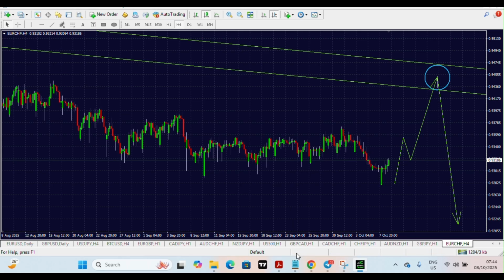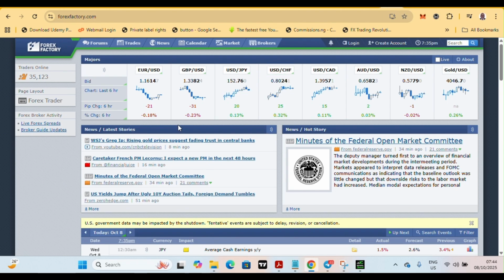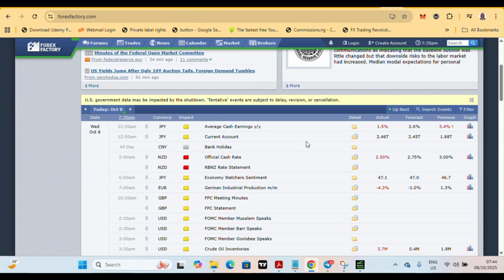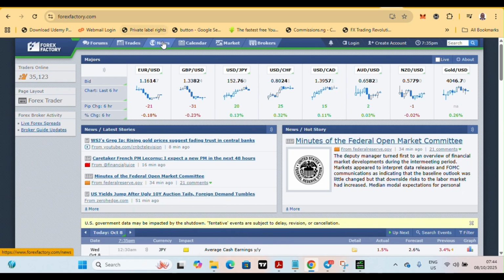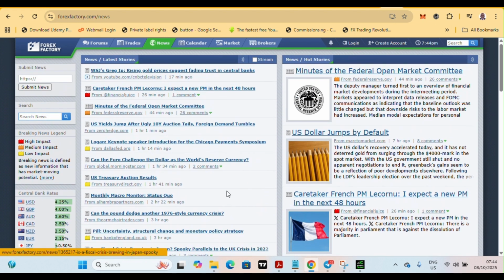Okay, what I wanted to show us in Forex Factory is that we should look at the news section. Okay, look at the news section. If there's anything that's going to impact that trade, you mind how you enter the market before that time of the news. Okay, the reason why we're not trading the major pairs is because of what is happening in America, okay?